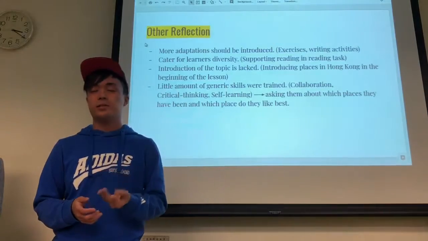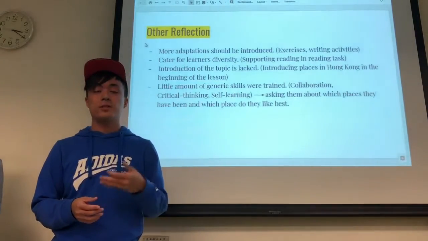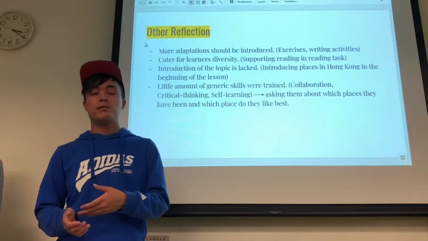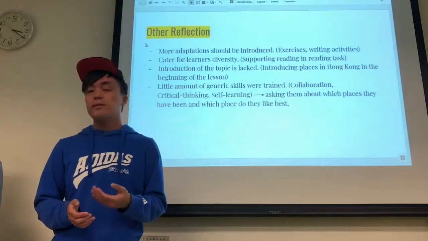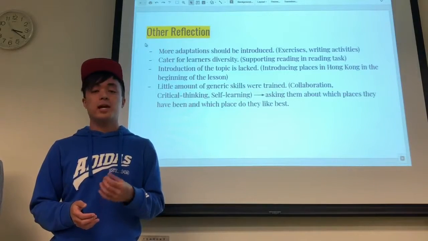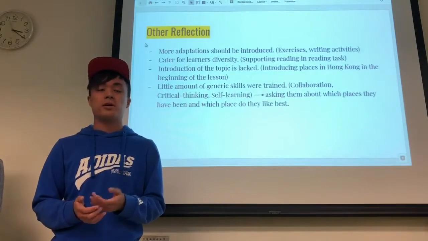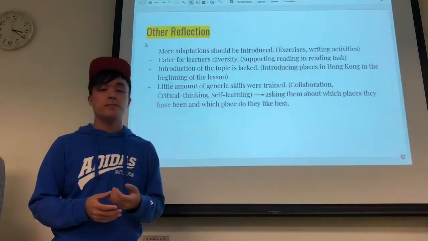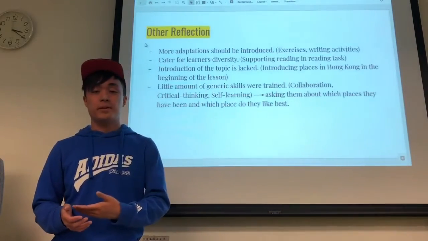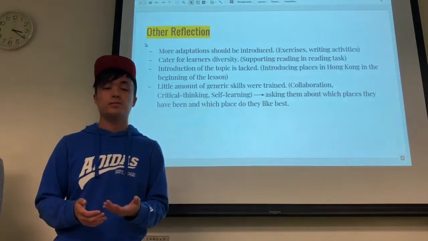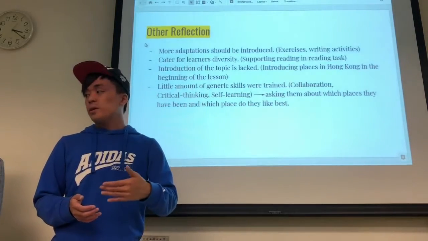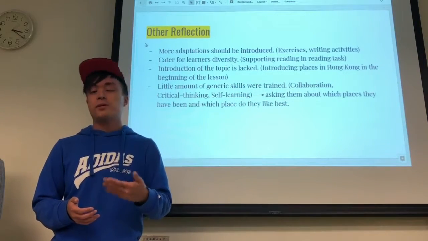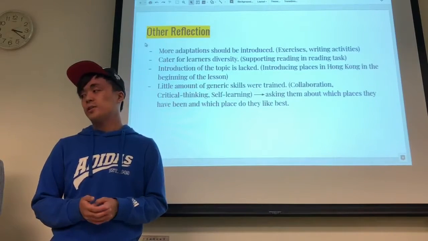My lesson has only informal assessment, so I think formal assessment will definitely help to assess the students' learning ability. Another thing is that my lesson lacks catering for learners' diversity, because some keywords might be a bit difficult for learners with a weaker standard. So I think a section for catering to learner diversity is definitely needed.